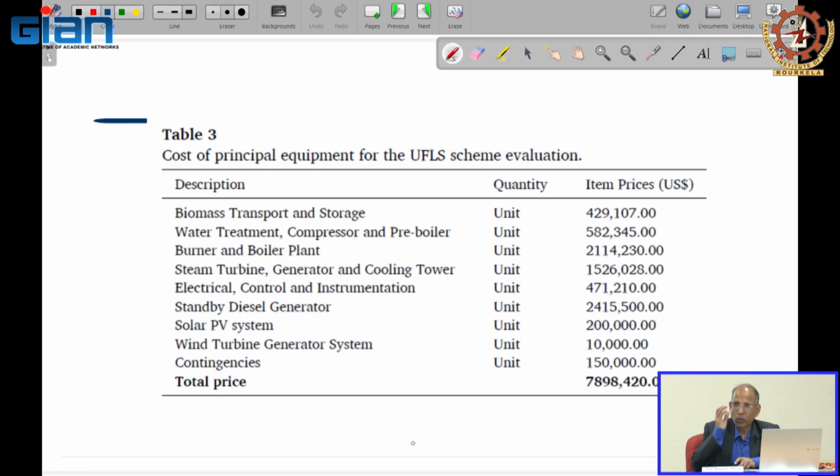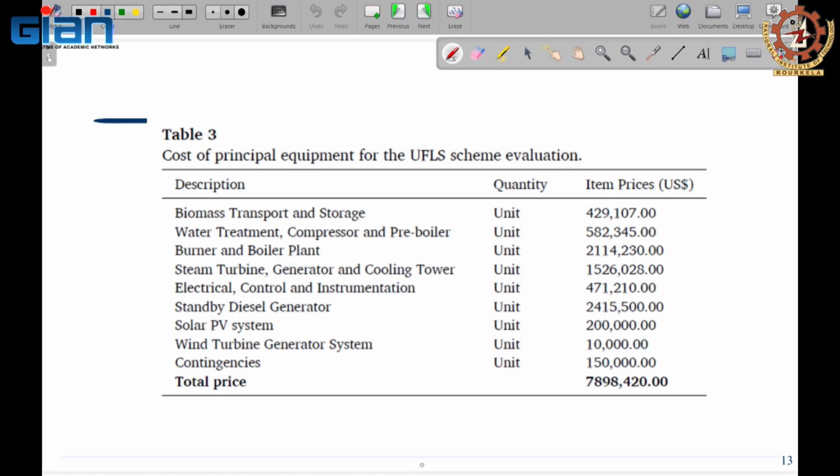Now, when you are considering any energy management system you are proposing, like providing additional power generation, microgrid, you have to calculate the cost as well, how much cost it will add.